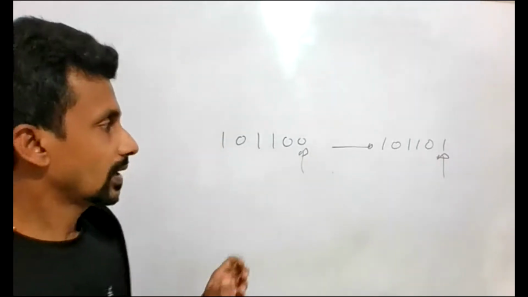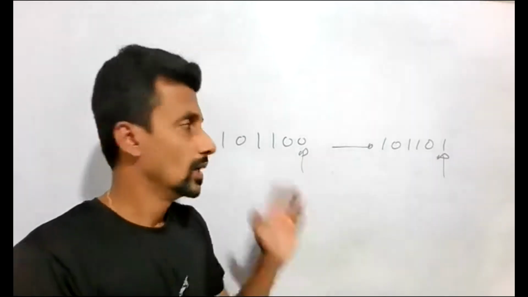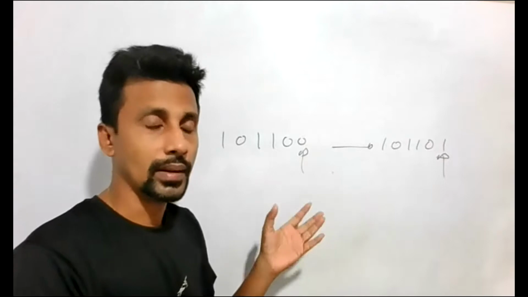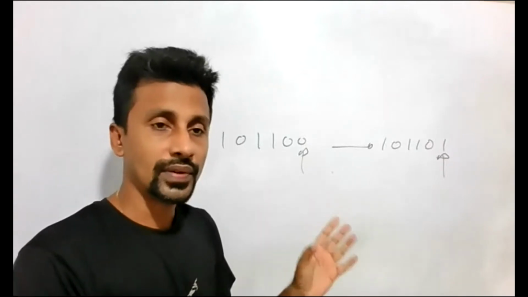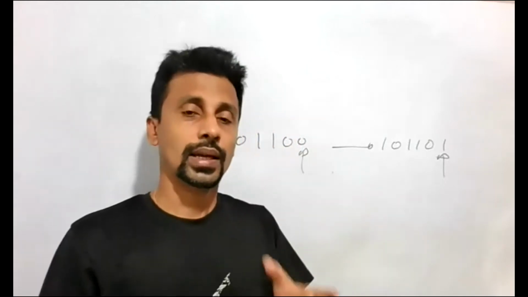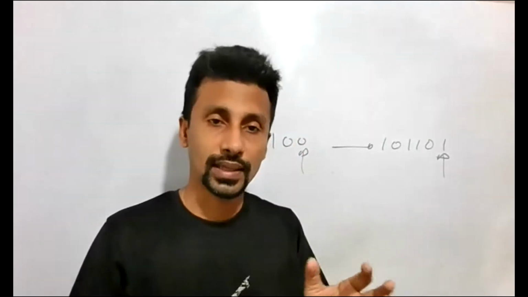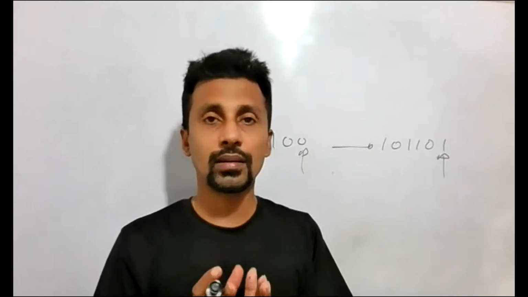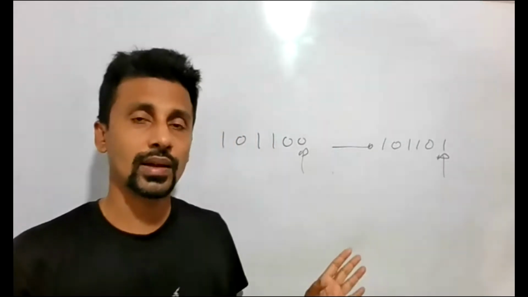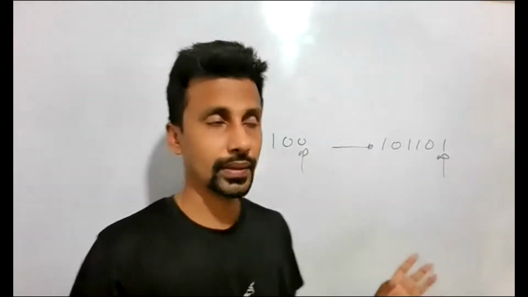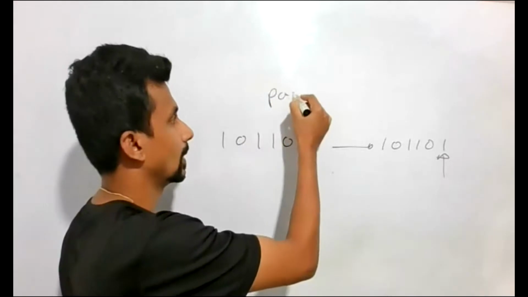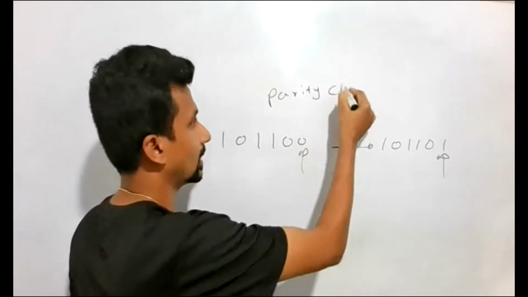So we have to have a mechanism to identify them, to at least identify there's an error in the data transmission. Even if we can't find what the error is, there should be a mechanism to find out there's an error in data transmission. That can be done by using something called a parity bit or parity check.